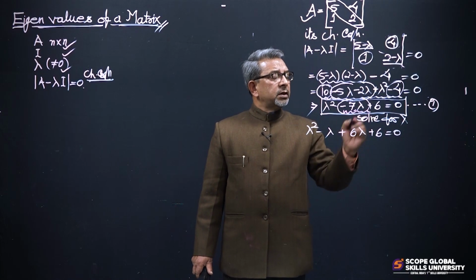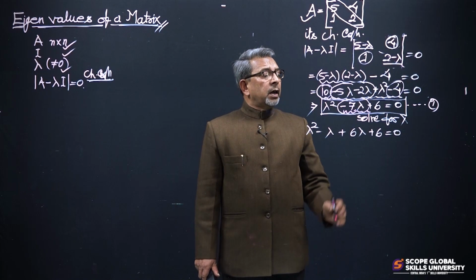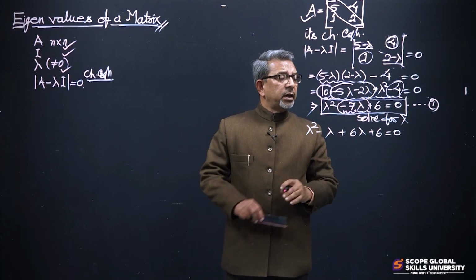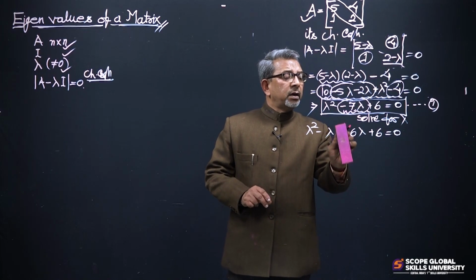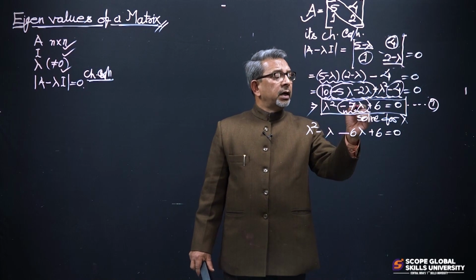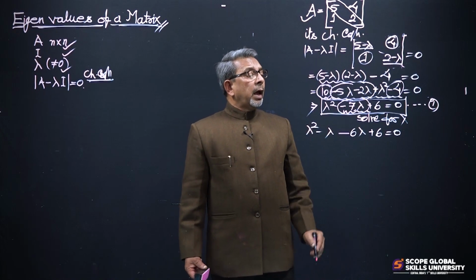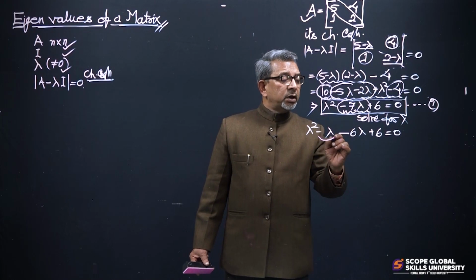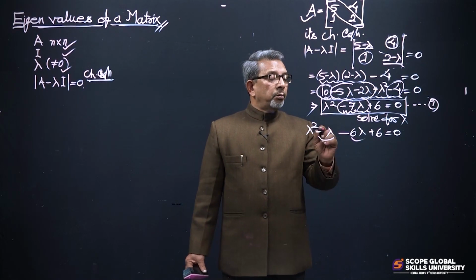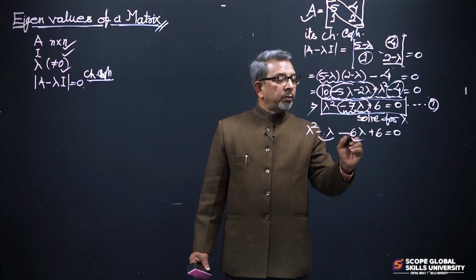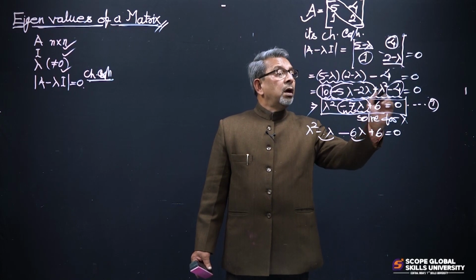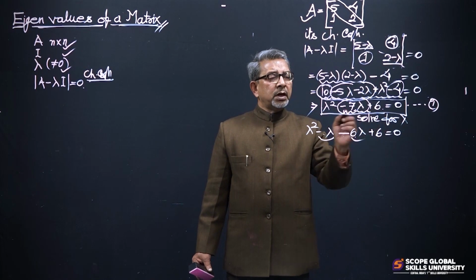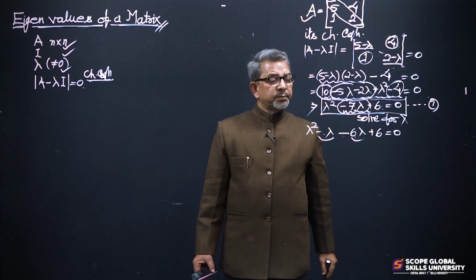We have to split this middle term such that the split parts after summation give the same thing: -1 and -6 is -7. And the multiplication of the coefficients of these two terms, that means -1 multiplied by -6, becomes the multiplication of the first coefficient and last coefficient, that means 1 and 6.